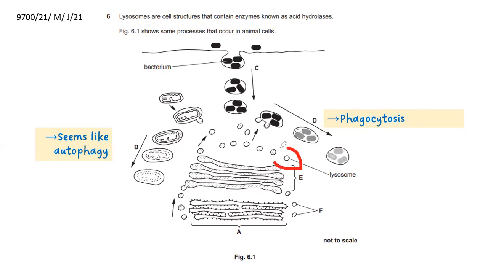So here it says lysosomes, that is those special vesicles that contain those hydrolytic enzymes. And here, what's this structure, by the way? Separated cisternae. This structure is our one and only Golgi apparatus.